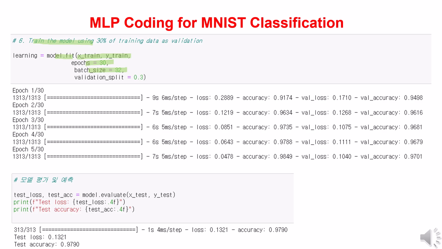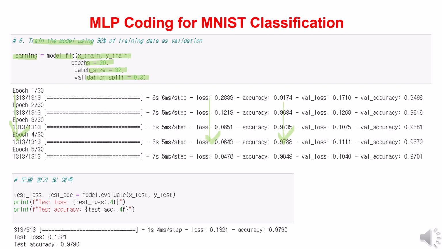Also, we've set aside 30% of the training data as validation data, so we can monitor for overfitting while the model is training. The loss, accuracy, and other metrics from this training process are stored in the learning variable. As the training progresses over multiple epochs, you'll notice that the loss gradually decreases while the accuracy increases.